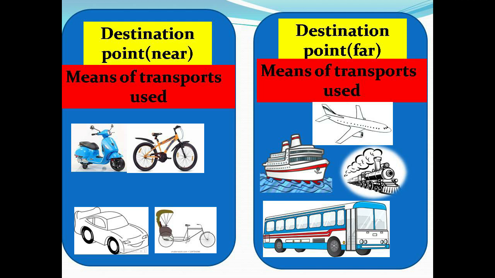Children, we use different means of transport such as cars, scooters, bicycles, trains, aeroplanes, depending upon how far we are traveling. When our destination point is nearby, means we have to cover a shorter distance, we use a scooter, car, or bike.